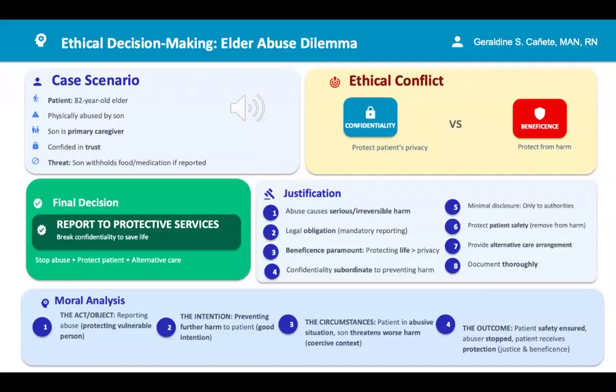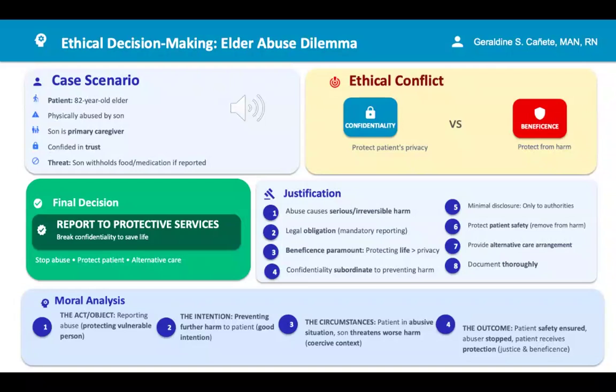Now, the legal obligation is mandatory reporting. In many jurisdictions, healthcare providers are legally obligated to report suspected cases of elder abuse. You might want to check that in our Philippine laws.